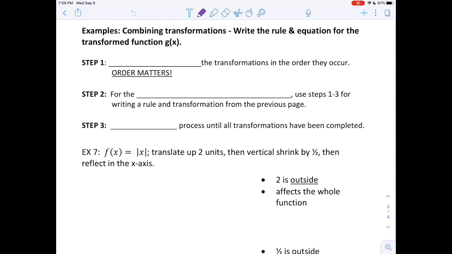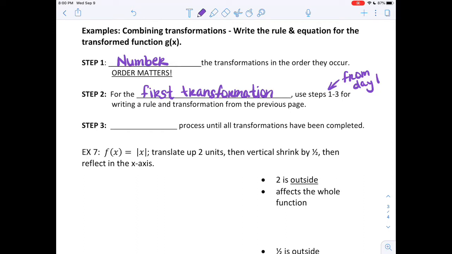First, we want to number all of our transformations and make sure that we go in order that they occur. The order can matter. It can become a completely different transformation if you scramble the order. For the first transformation, we're going to follow steps 1 through 3 that we did last time, from day 1, for writing the rule in the transformation.